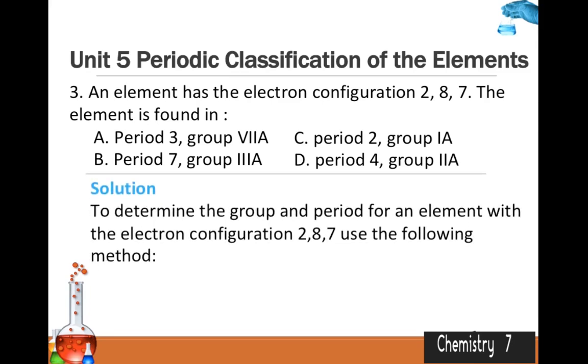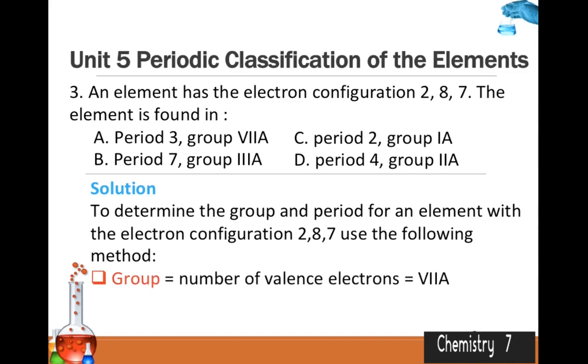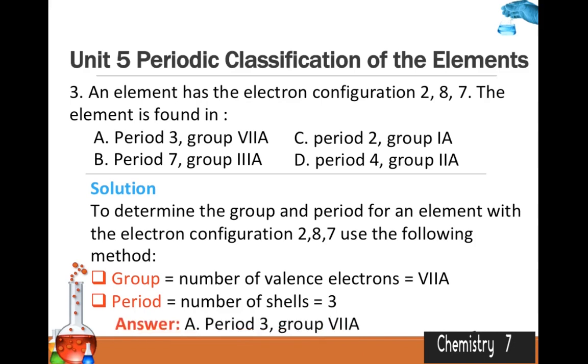To determine the group and period for an element with the electron configuration 2, 8, 7, use the following method. The group is the number of valence electrons. That's 7. The period is the number of shells. That's 3. The answer is A, period 3, group 7.